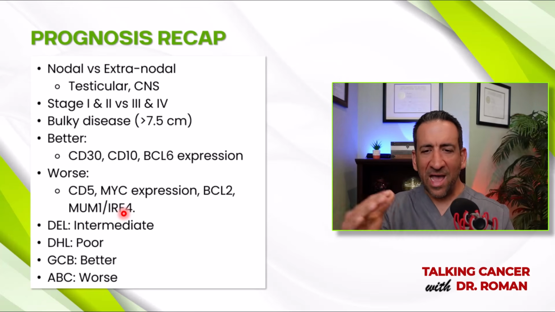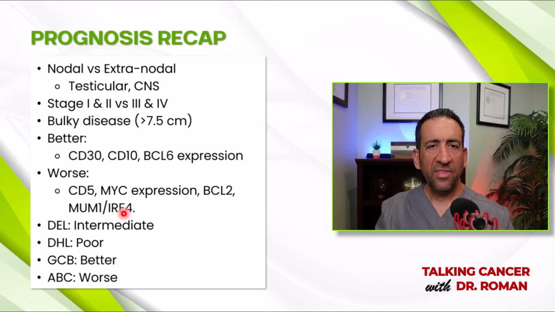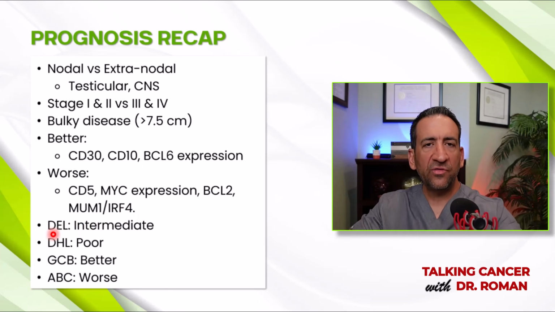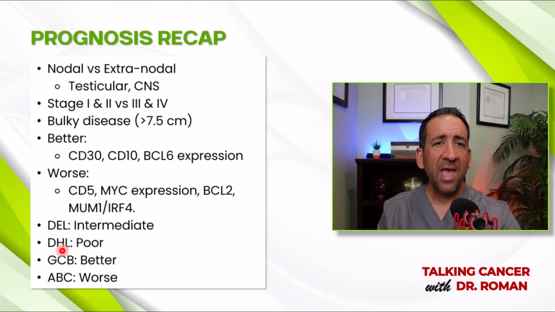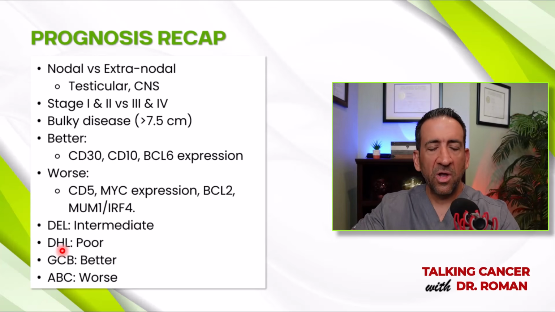See, so we start putting all these together, and then at the end, we have a clearer picture if a patient is going to do better or we do not expect them to do as well. Another one is, are they a double expressor lymphoma or not? Are they a double hit lymphoma? Remember, do they have rearrangements of the c-MYC and the BCL2? That's another very important prognostic finding that gives a poorer prognosis.